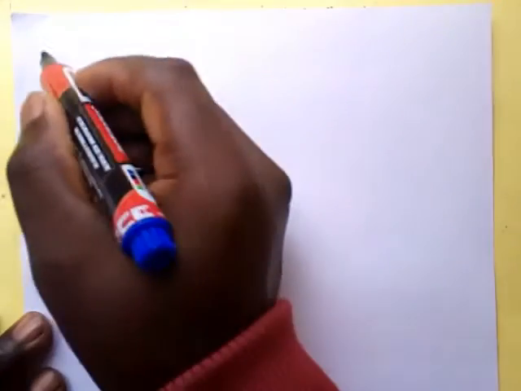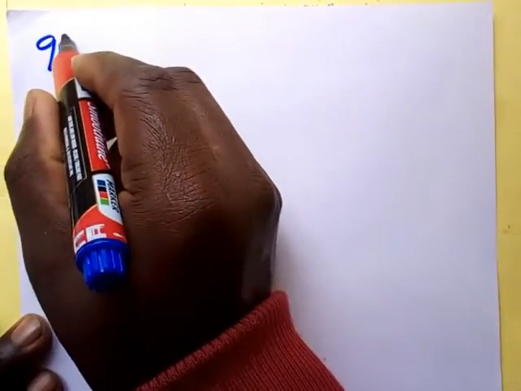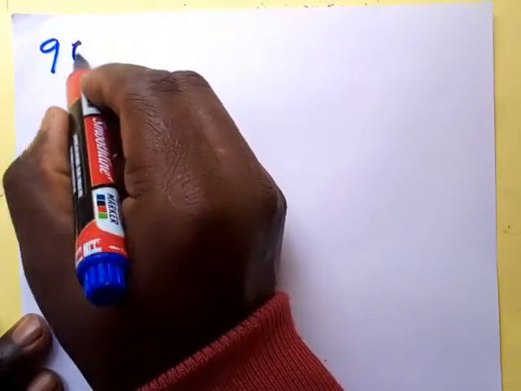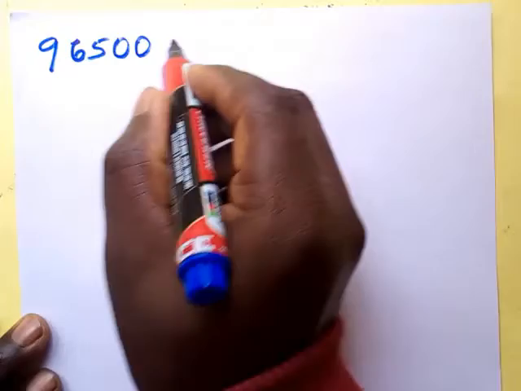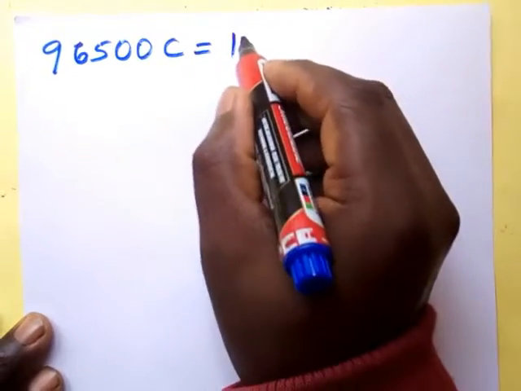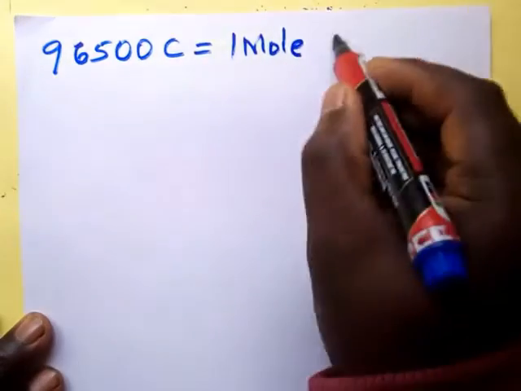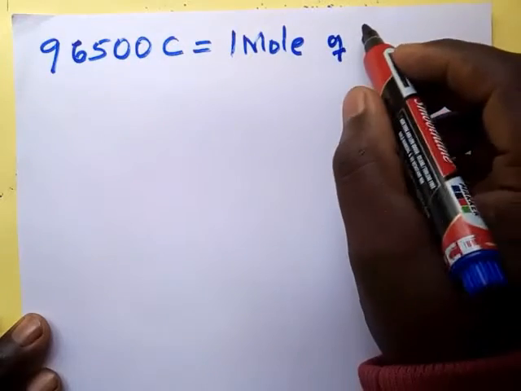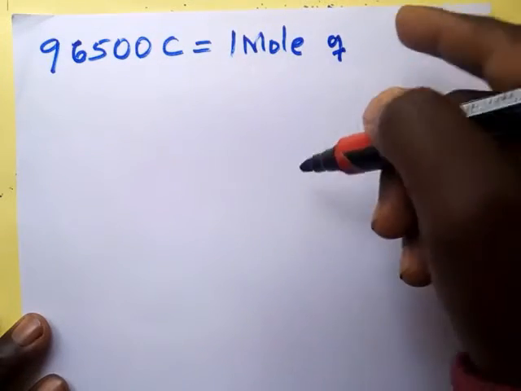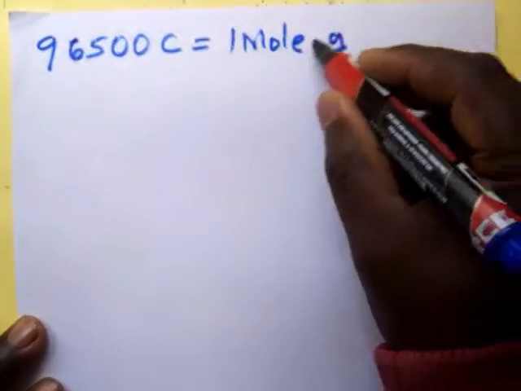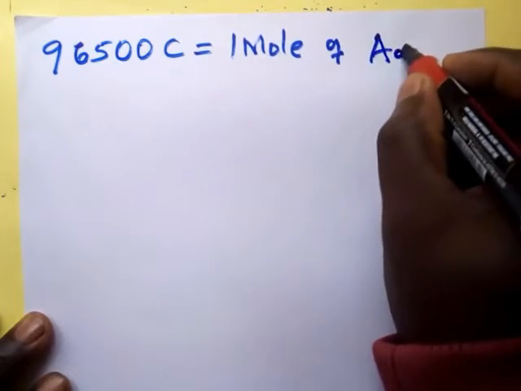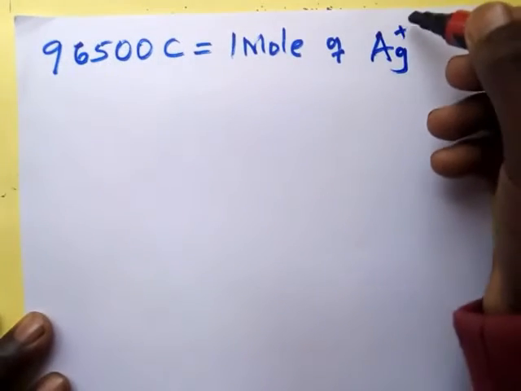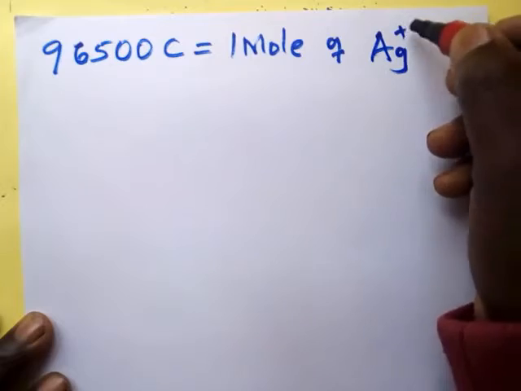So it means that 96,500 coulombs is equal to 1 mole of a monovalent metal. Remember, a monovalent is a metal like silver, which has valence 1. It has 1 electron.